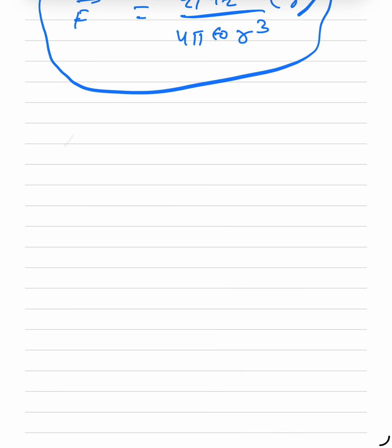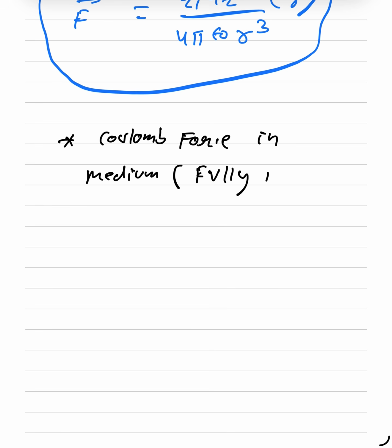Coulomb force in a medium, fully medium filled.